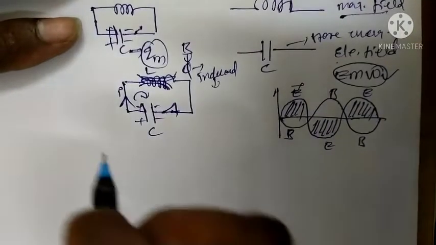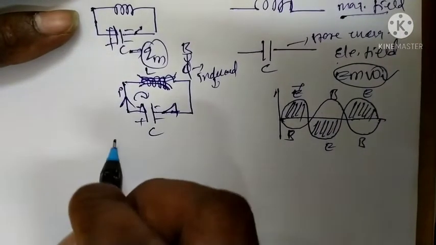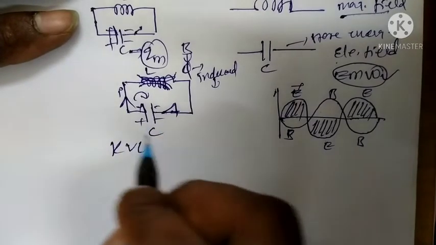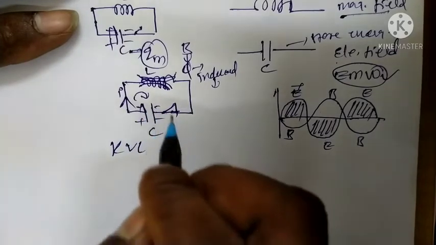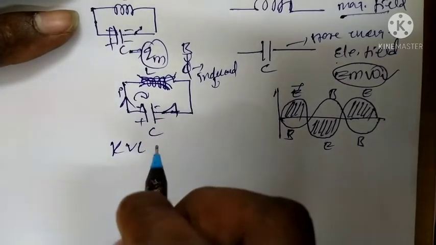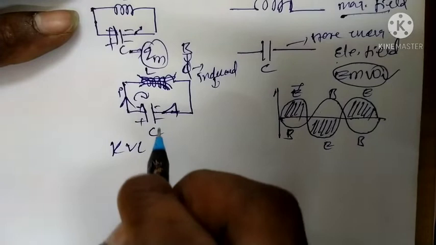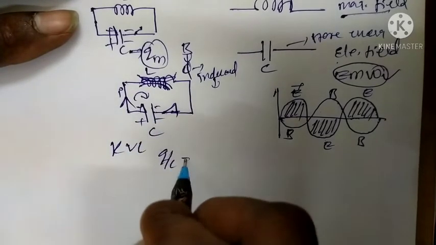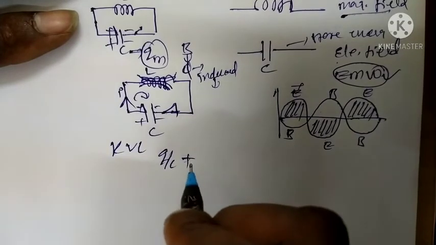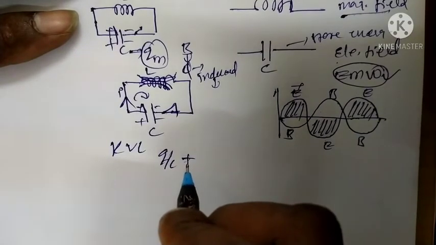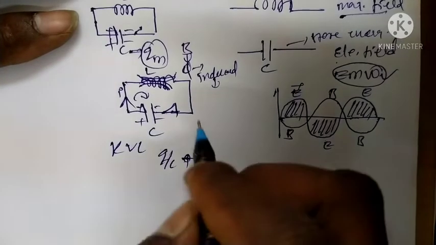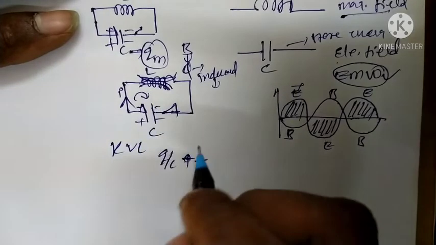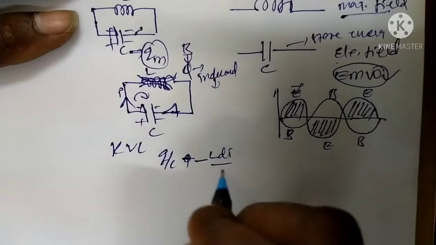Now according to KVL, Kirchhoff's voltage law, the potential developed around any closed loop is 0. The voltage developed across the capacitor is Q by C, minus the voltage developed across the inductor, L dI by dt.